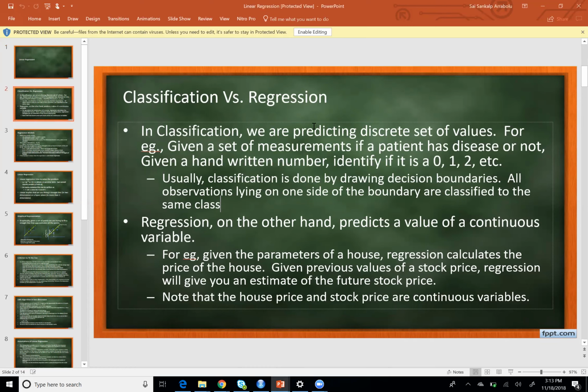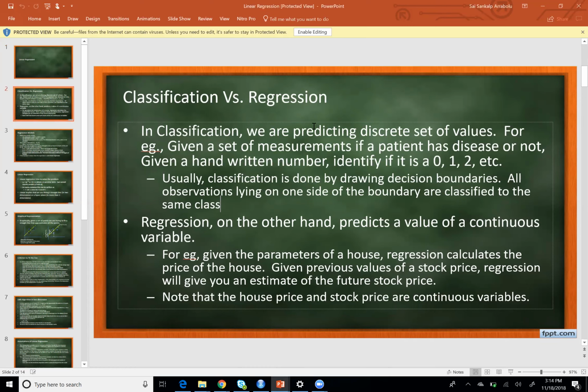When you're predicting a continuous value, or something which is not discrete in nature, there is also a modification in regression where you predict discrete things too. But the idea here is we don't draw decision boundaries. The way we solve regression is by fitting a model to the given data.